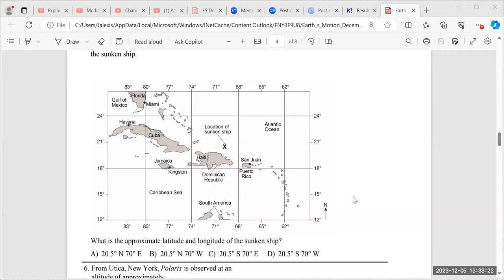What is the approximate latitude and longitude of the sunken ship? First things first, here are some clues that I see. One of the first clues is Florida. Why is Florida important? Because Florida is located above the equator. Why is that also important?